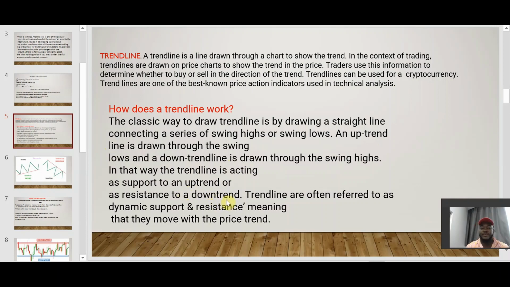Trend lines are often referred to as dynamic support and resistance, meaning the way that they move with the price trend. Do you understand? Trend lines act as dynamic support and resistance.